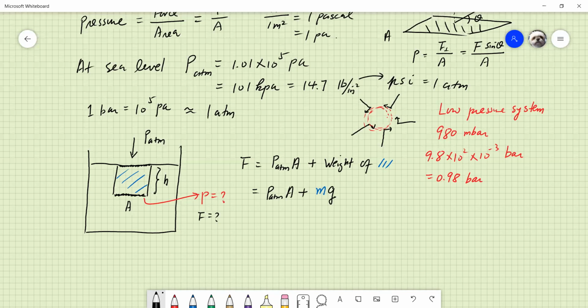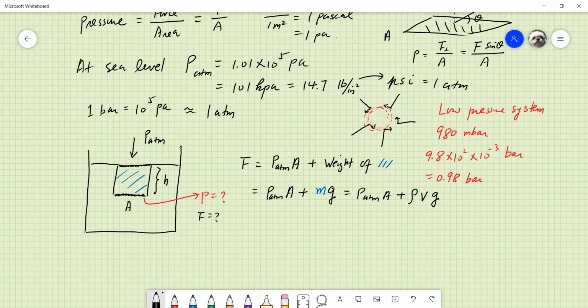Now then, what is mg? Mg is that piece. Let's say that piece is just water, same as outside. So therefore, that piece will be equal to the density of the water times the volume of that piece times g. Am I right?